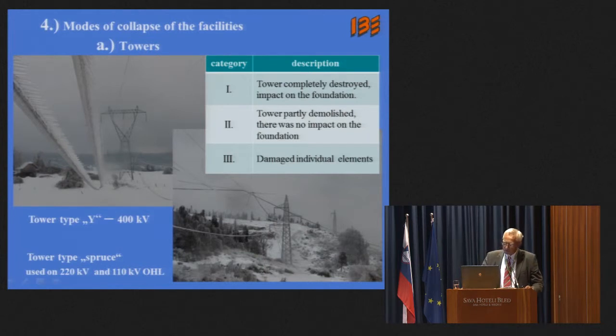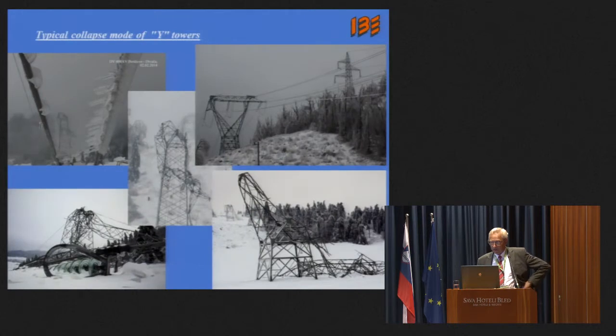We speak about the towers in the shape of the letter Y, type Y, for 400 kV, and another type, spruce. This is for 220 and 110 kV. And what is interesting is comparing how they were demolished.